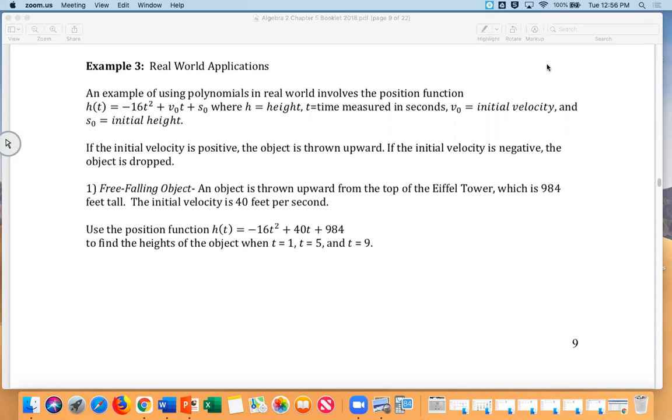So up here, we have the height of whatever we're throwing or tossing is equal to negative 16t squared plus v naught t plus s naught. Now, all of these things have meanings. Naught means initial, so v naught stands for initial velocity and s naught stands for initial height.